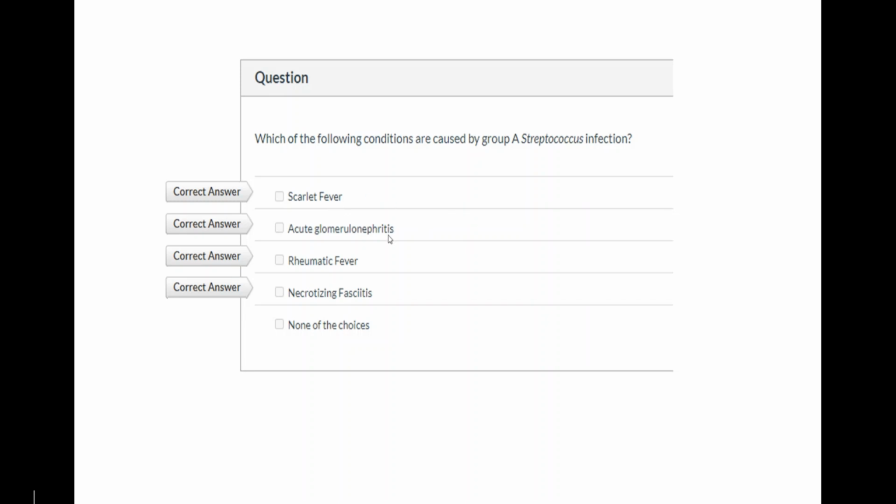Acute glomerulonephritis, yes, because this is a sequela following group A infection. Rheumatic fever, yes, because this is also a sequela. Necrotizing fasciitis, because this is a manifestation of a group A streptococcus infection. So these four are the possible answers.